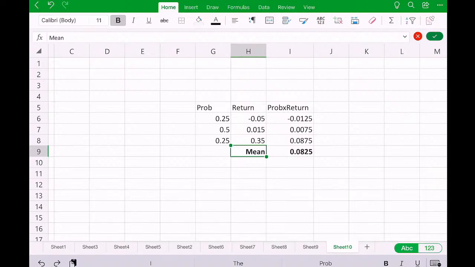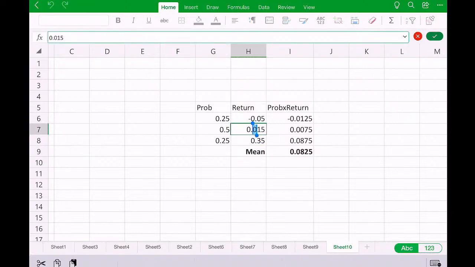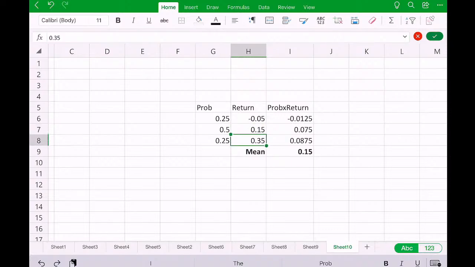And let me know if I made a mistake anywhere. Oh, this is the mistake here. Because there's not a 0 here. That's just 0.15. There. That makes more sense. Okay. Questions?